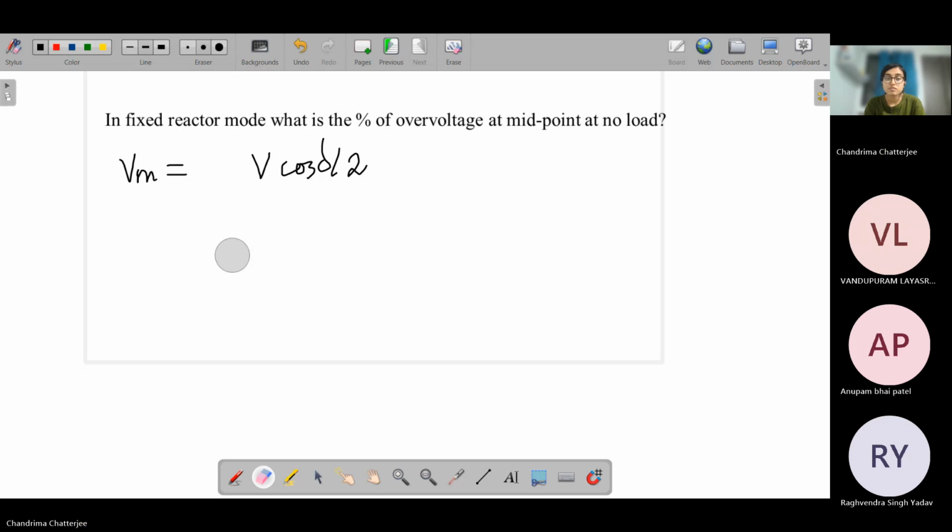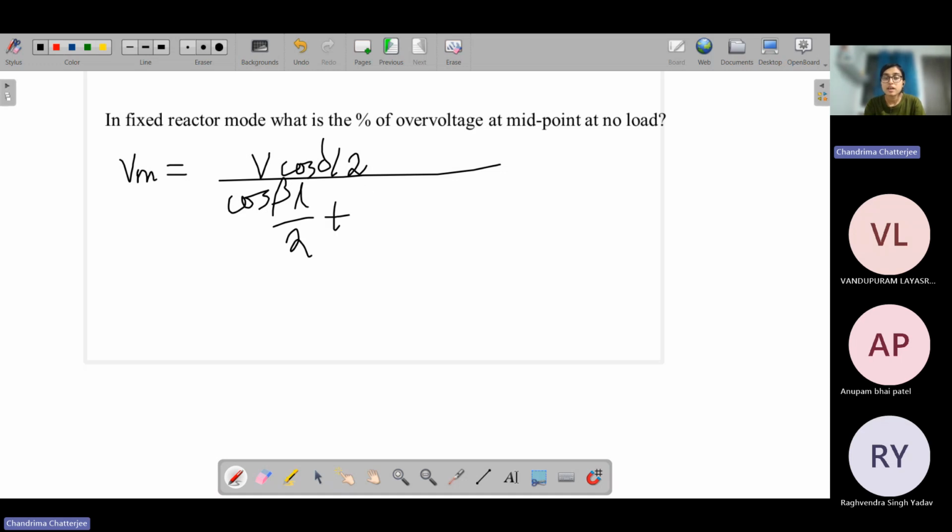So P cos delta by 2 divided by cos beta L by 2, and here it will be plus ZC by 2. Mind it, this is XL, not XC.